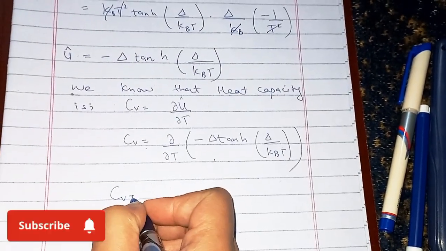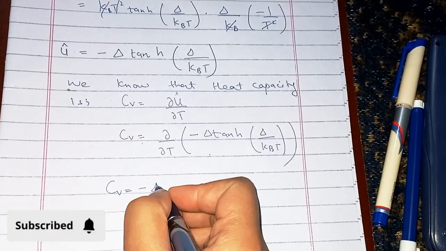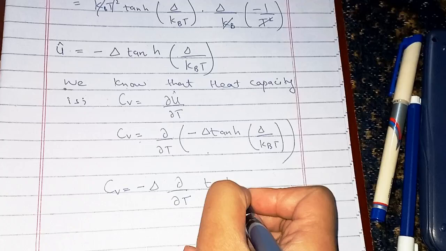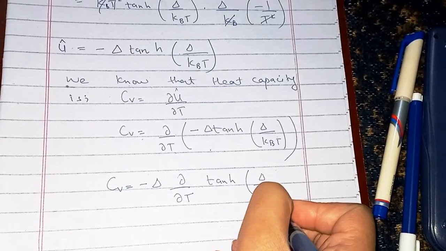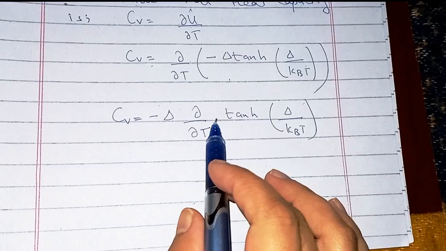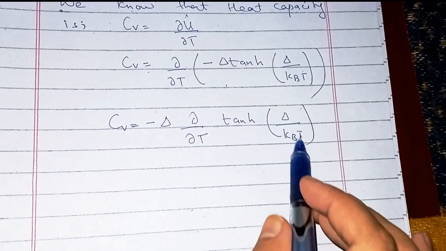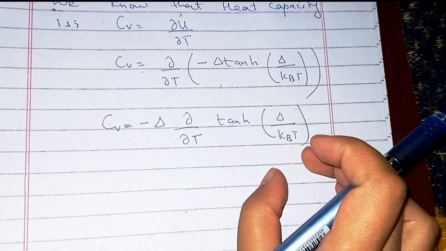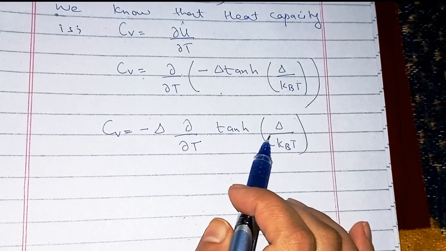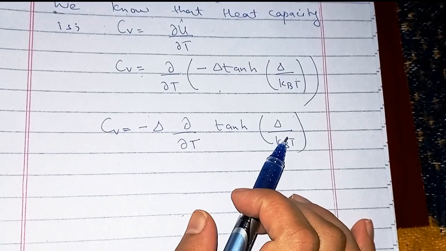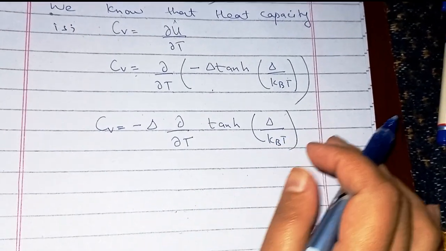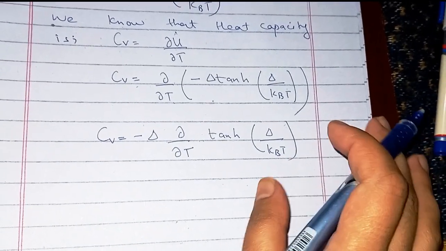So CV equals minus delta could be taken out because that doesn't contain temperature, tanh of delta by kBT. Now what's the derivative of tanh of delta by kBT? I'm calling delta by kBT as angle. So derivative of tanh of angle is equal to sech squared of angle dot derivative of its angle. Okay, simple as that.